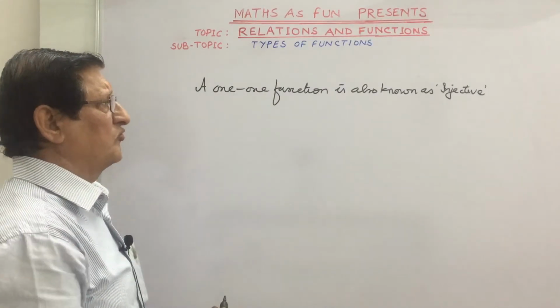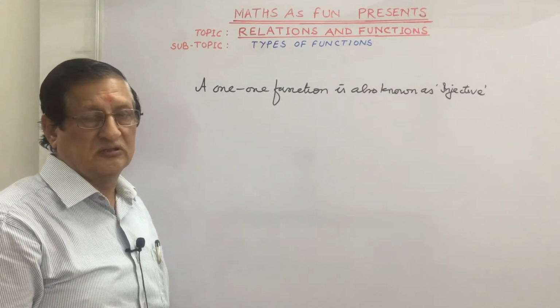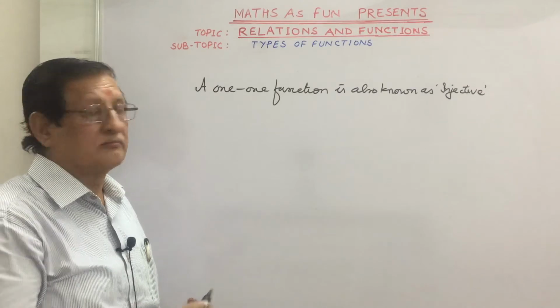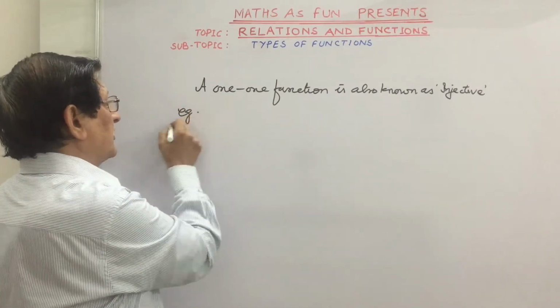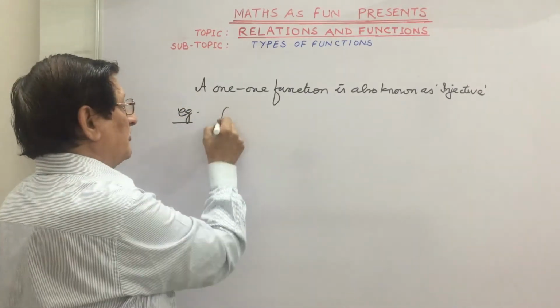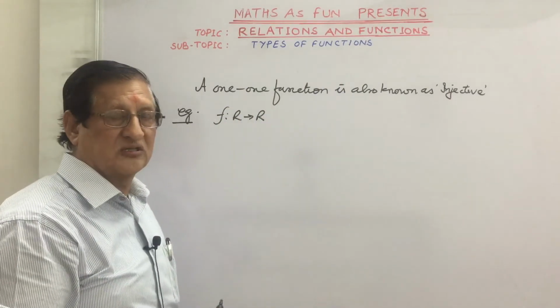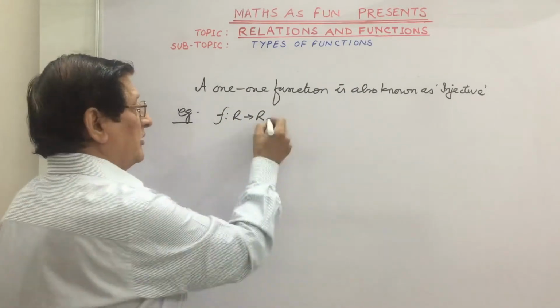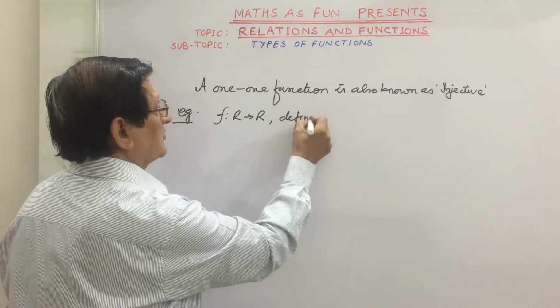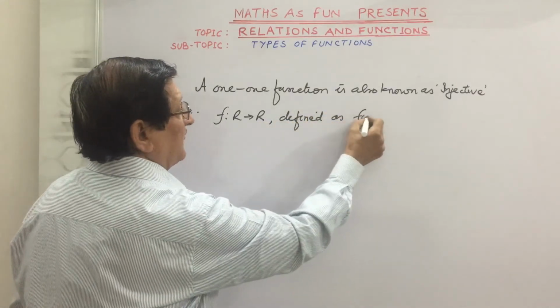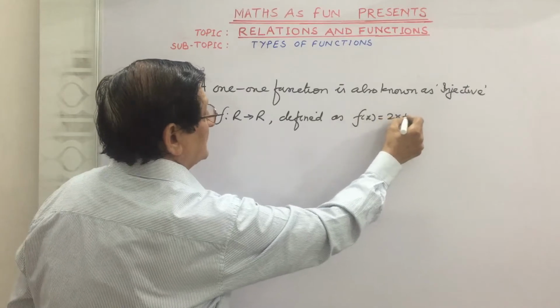Let's learn now how to find whether a given function is one-one or not. We take an example for this. Suppose you have been given a function from R to R, R is a set of real numbers, defined as f(x) is equal to 2x plus 5.